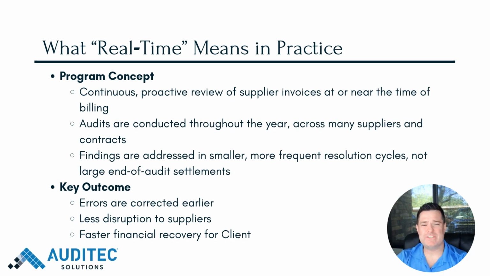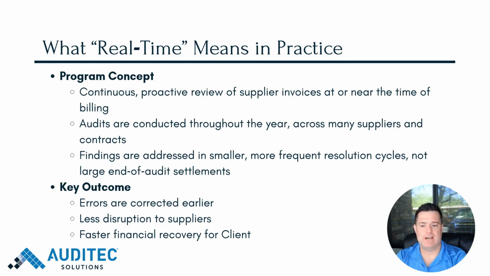So what does real time mean when we're talking about a contract compliance audit? A traditional contract compliance audit normally looks back 2 to 3 years at historical invoices and looks to create an audit report and findings based on that historical 2 to 3 year period. In comparison, a real-time contract compliance audit is continuous proactive review of supplier invoices as they come in, at the point of the invoice being submitted or near the time of that billing taking place.